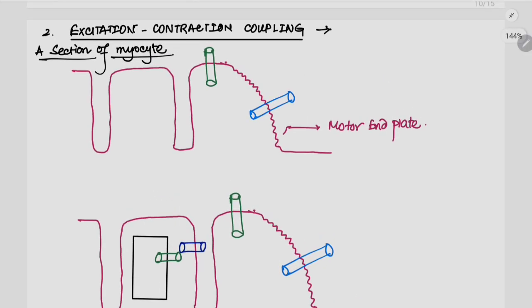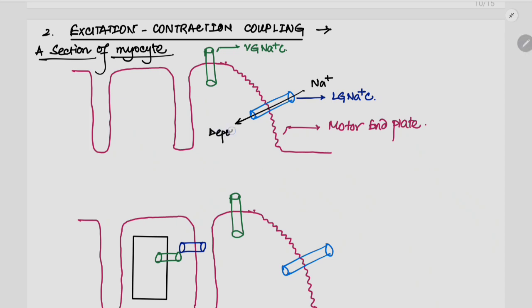Firstly, these are the ligand gated sodium channels, and these are the voltage gated sodium channels. Sodium enters first through the ligand gated sodium channels, right?